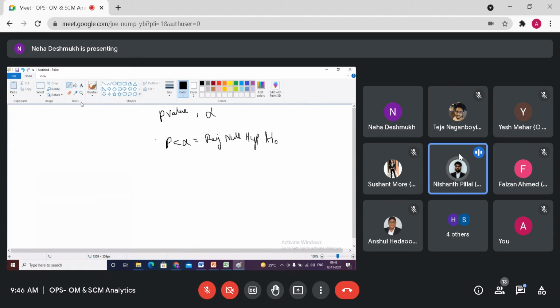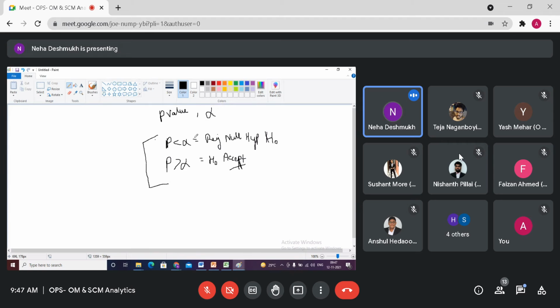What is alpha actually? I will explain. Wait. If P is greater than alpha, what does it mean? The null hypothesis is accepted. First note it down. Two interpretations: one is P less than alpha means the null hypothesis is rejected.